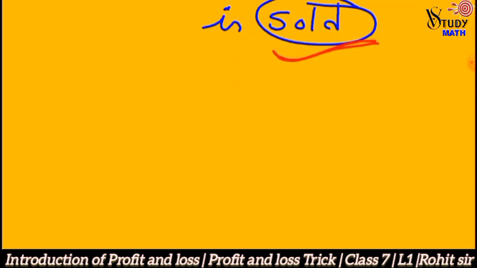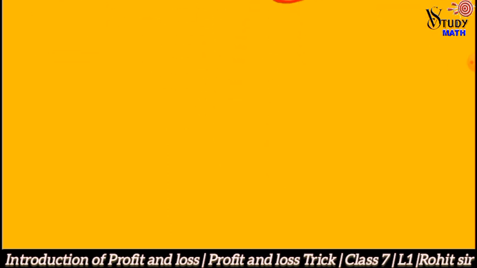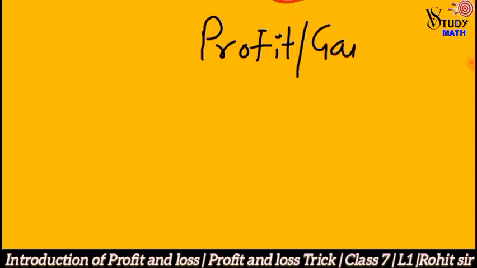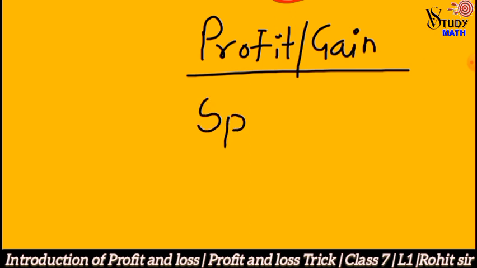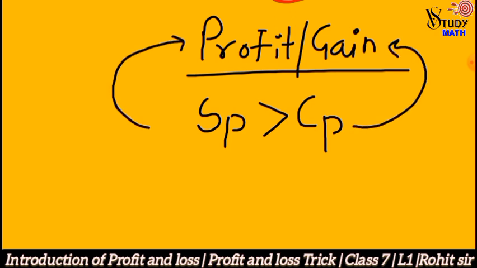Now try to understand what is profit, or we can also say gain. Both the things are same. Now the concept of this is that if SP of an article is greater than CP of that particular article, then we can say we have profit and we have gained something.